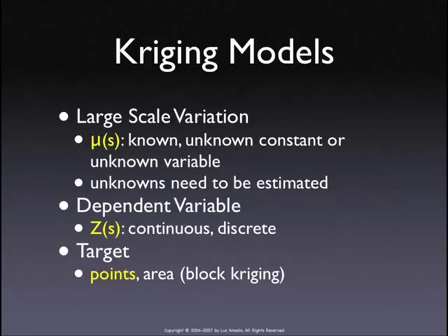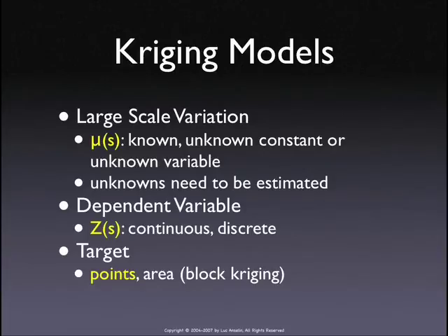You don't know what the mean is. But is it constant? So you simply have to estimate some kind of average, and then you can take the deviations from that average to work with. Or is it variable, like in our model for the trend surface? The mean is really the predicted value using just the x and y coordinates, which is going to be different in each location. So we now have a variable mean that we need to estimate, plus the variability around that mean for the small scale variation. Okay. So each of these is going to be a different kind of Kriging.